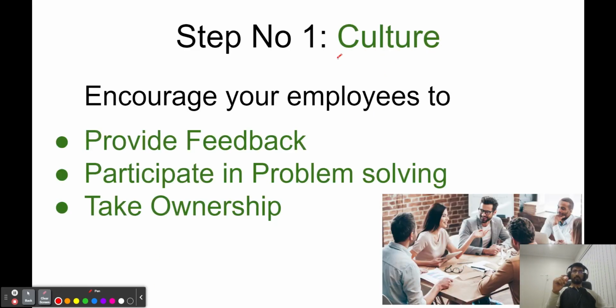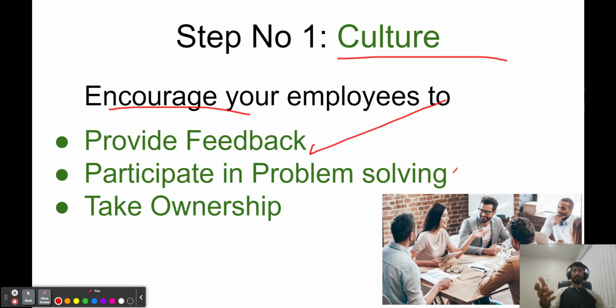Step number 1, culture. Having a culture of continuous improvement helps a lot in doing the improvement, either improvement of product, improvement of process, or improvement of method that is required in your company. So it is very important that you encourage your employees to provide regular feedback.